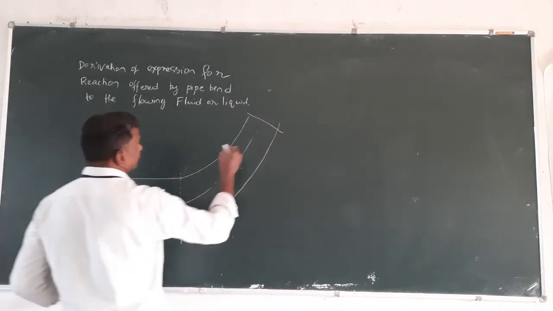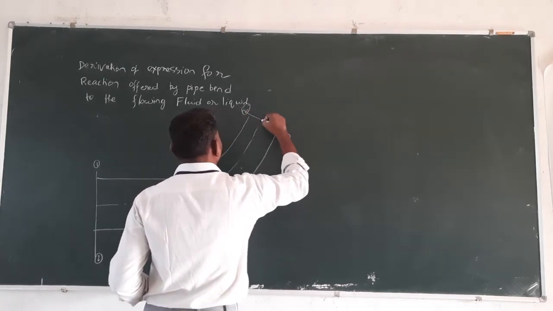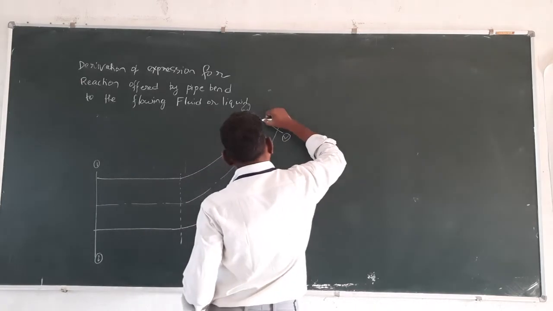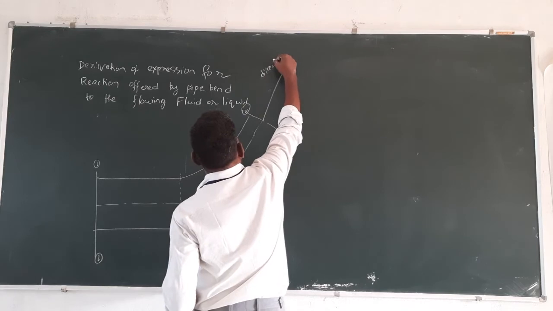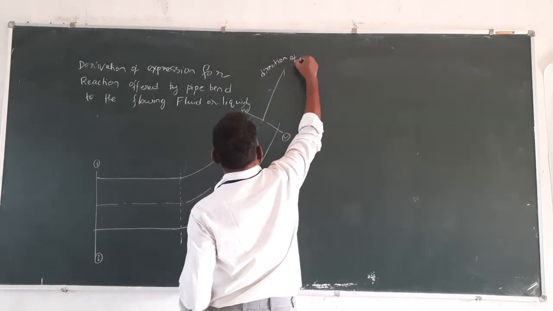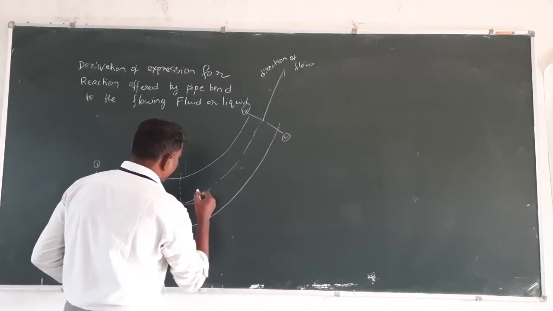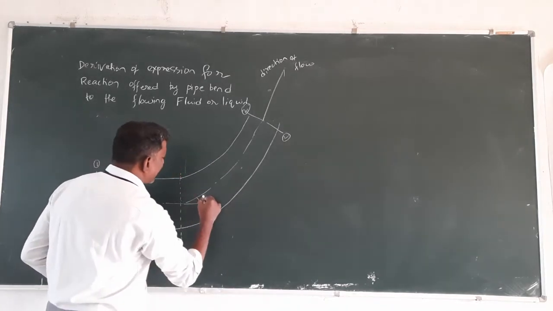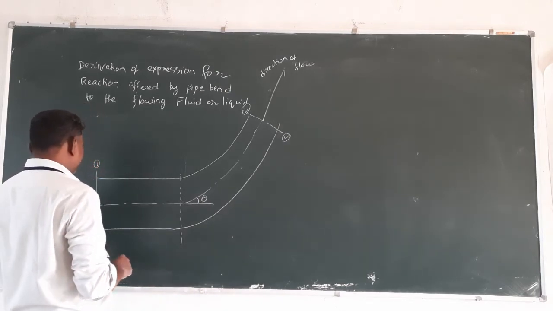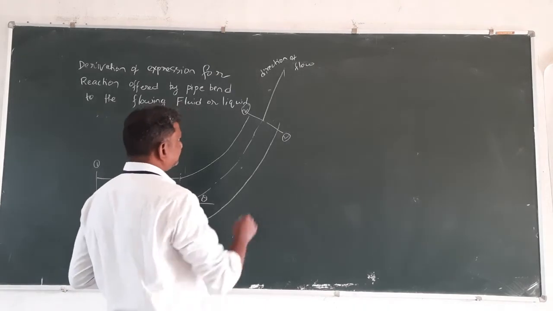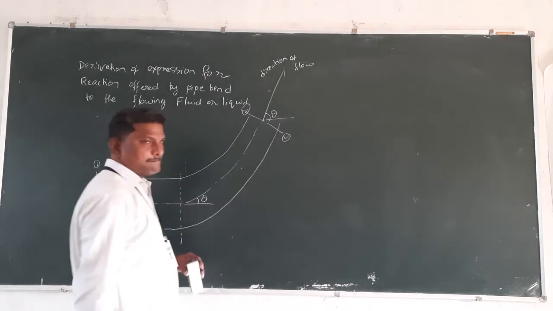Two sections. Direction of flow. The axis is making an angle theta with the horizontal. Here also it will make an angle theta.